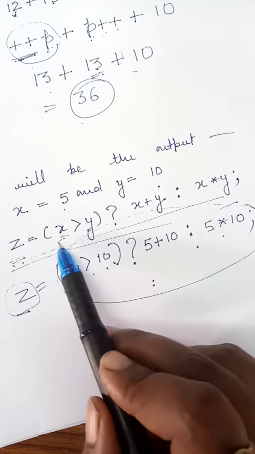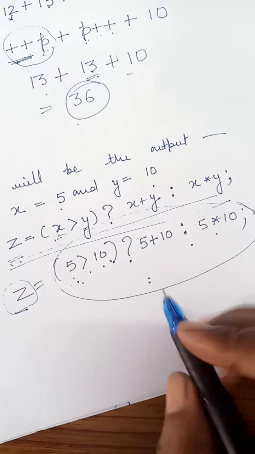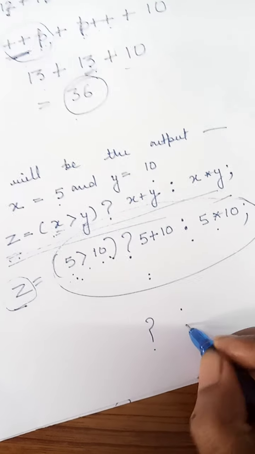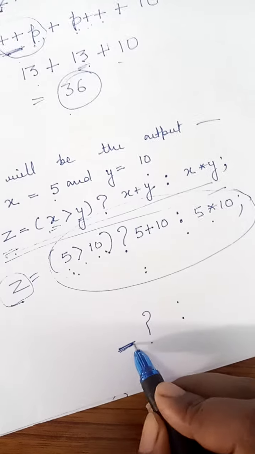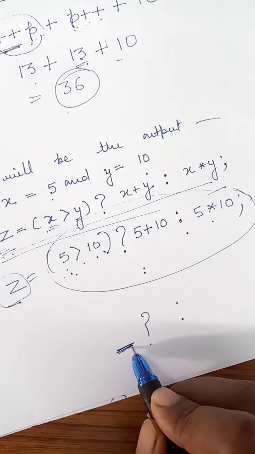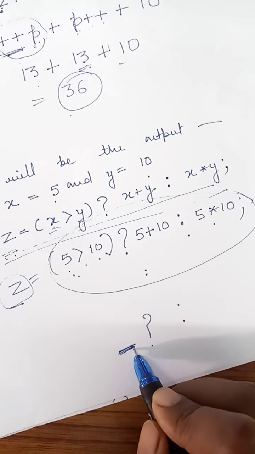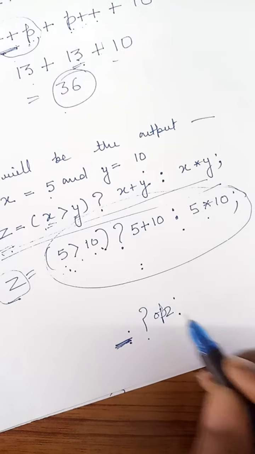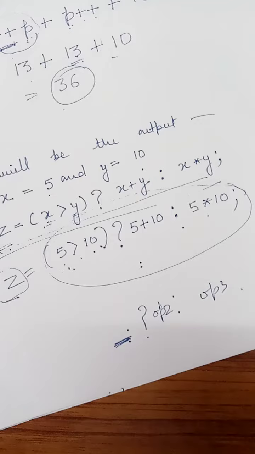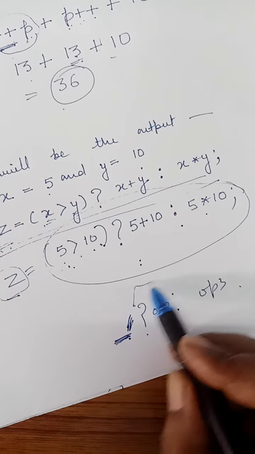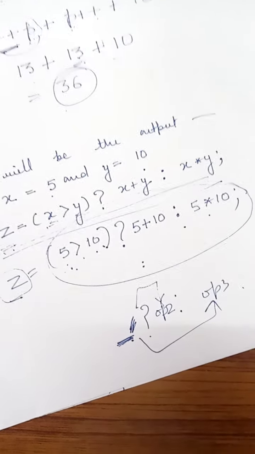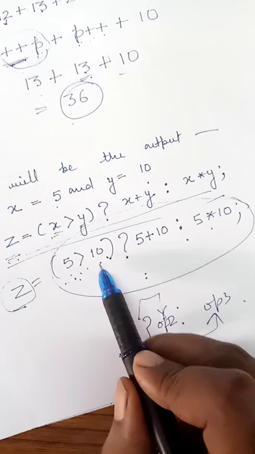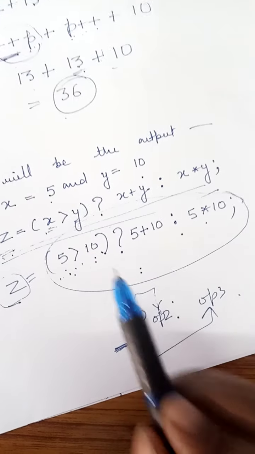I told you that the ternary operator has a question mark followed by a colon. Here you write the first operand, which is an expression or condition. If the condition is true, the second operand happens; if false, the third happens. So is 5 greater than 10? No, the condition is false.